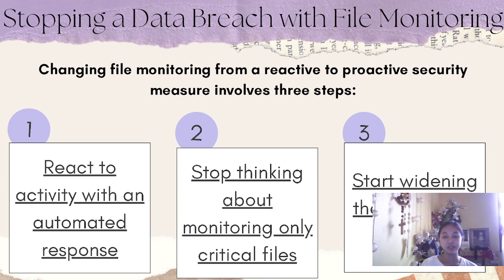File monitoring that looks at operating system specific files, as well as a broader spectrum of data files, will help to identify an attacker potentially before they find your data of value.